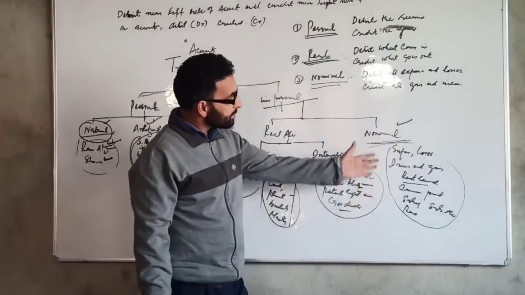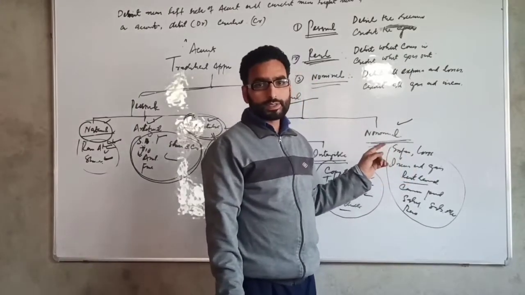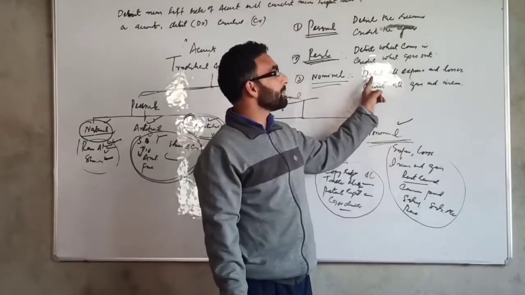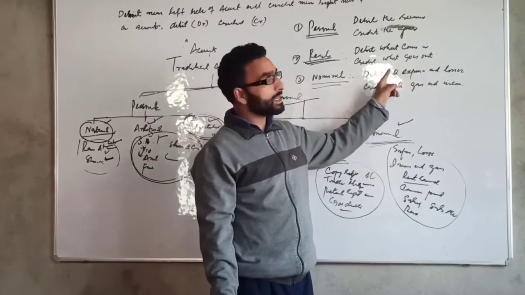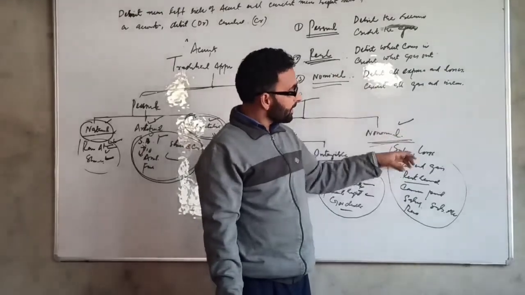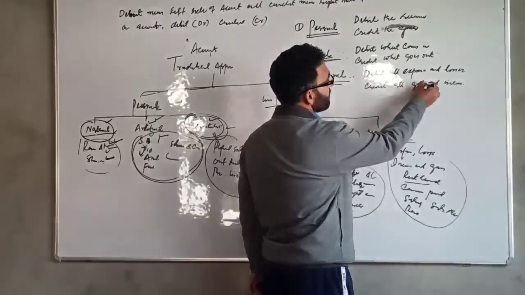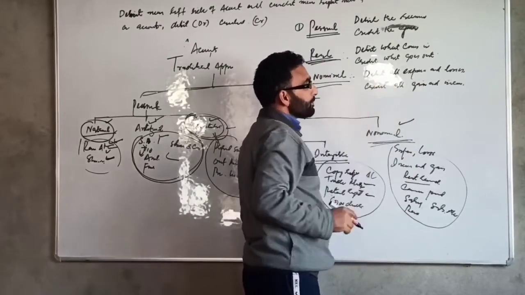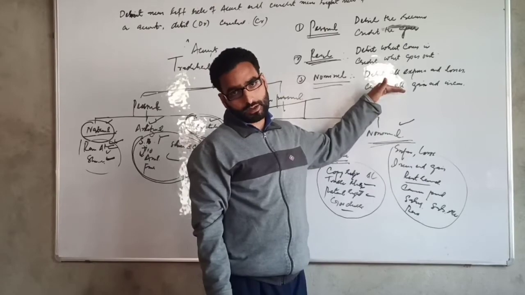As per the nominal approach, when there may be any loss or expense, that is written in the debit side of the account. Debit all the expenses and losses. That is written in the left hand side, that is debit side. And when there may be any gain or income in the business, it is written in the credit side, right hand side of the account.